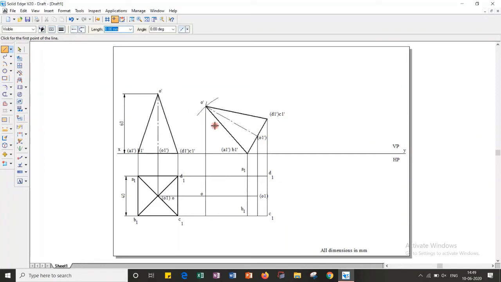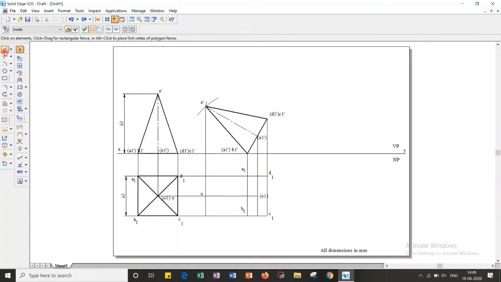While connecting these points, you have to remember the procedure which I told you during the previous problem. First, concentrate only on outermost points. A1 is outermost point, O is outermost point.